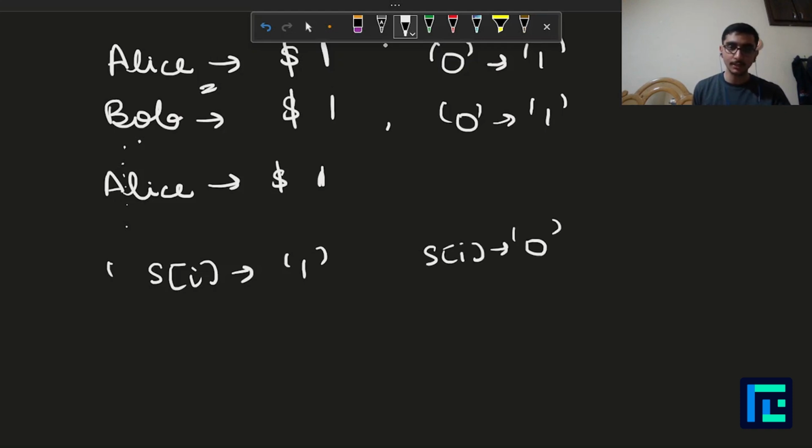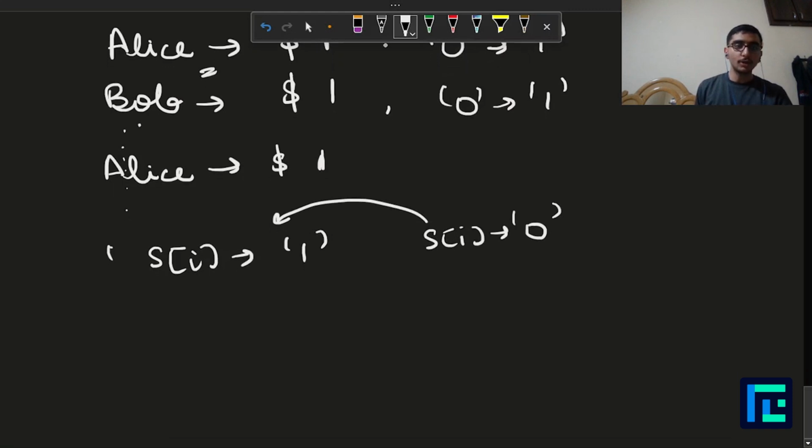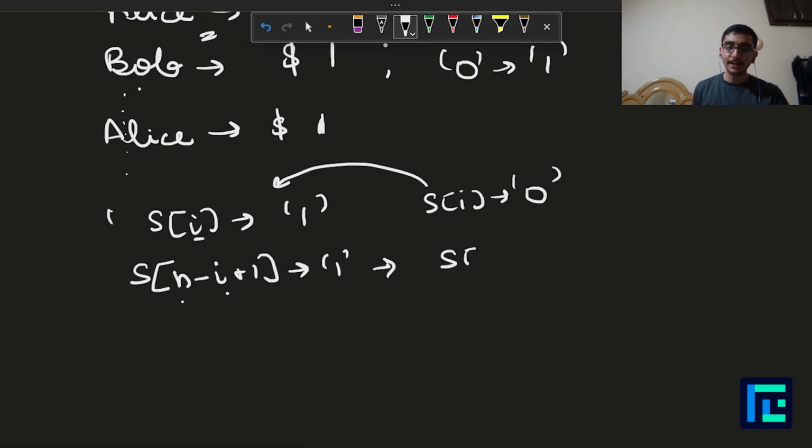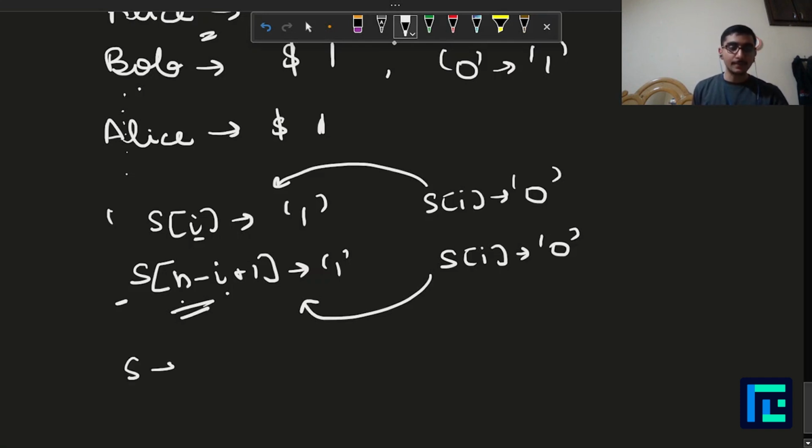So what Bob can do on the other step is change s of n minus i plus 1, where i is from the previous operation, to 1 again, because they both come in pairs in a palindrome. So Bob can change n minus i plus 1 in his operation. And after the second operation, s will become a palindrome.